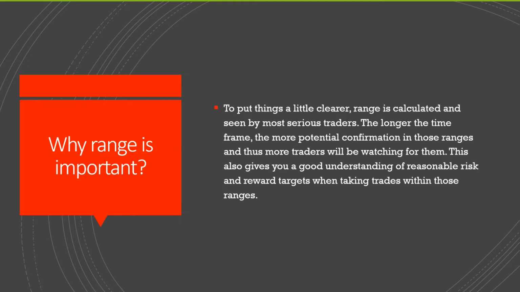For example, if a stock has a very obvious range, and finally, after multiple confirmations in that high or low area, the stock breaks out above or below that range, other traders are going to be able to identify that, and they are going to base their trades off of those areas a lot of the time. That's just going to give it more momentum, because the more people that buy it when it breaks over the highs of that range, the higher the stock's ultimately going to go, and vice versa for shorts.